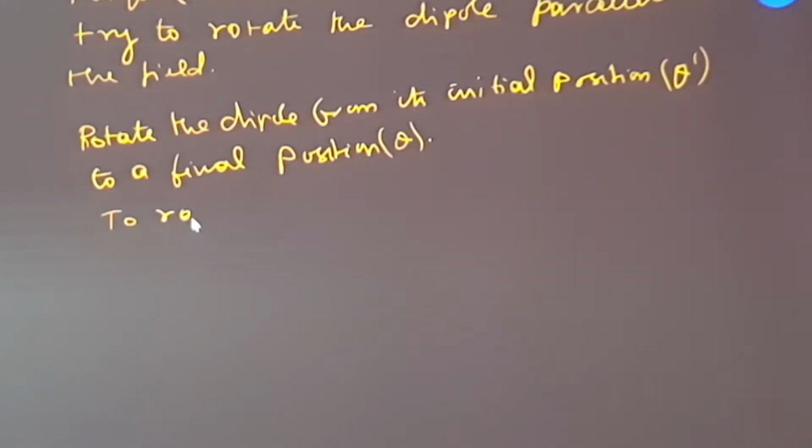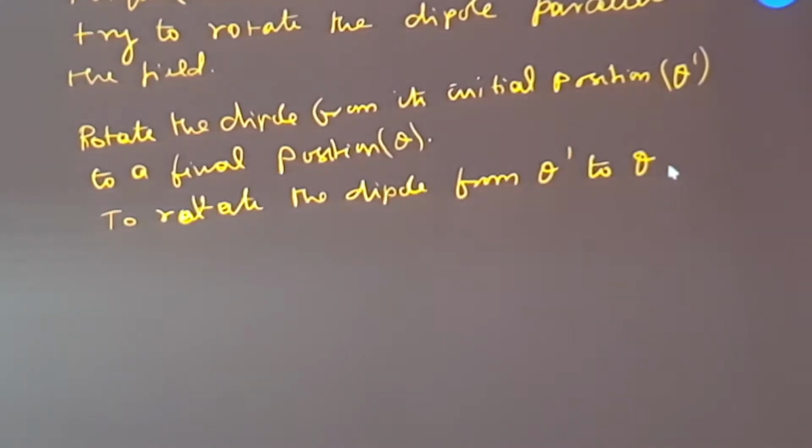To rotate the dipole from its initial position theta dash to the final position theta, work has to be done. If you want to do work, then we need an external torque, and that external torque should be equal in magnitude to the torque produced by the dipole inside the electrical field.